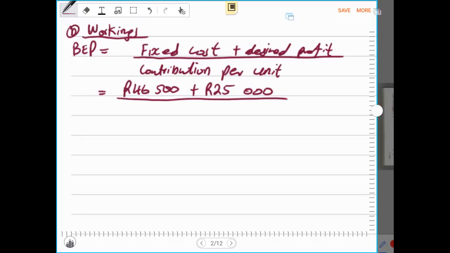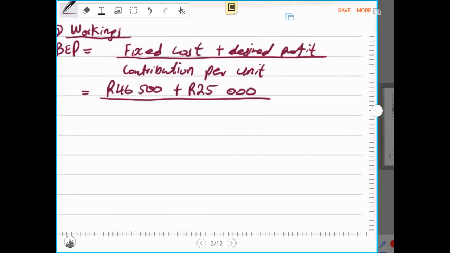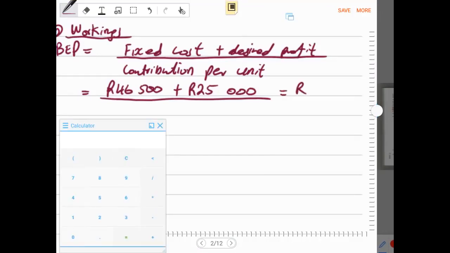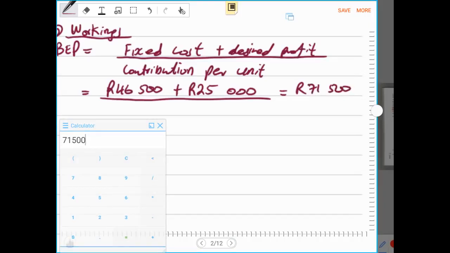So now we have to calculate once again our contribution per unit. Don't forget, our contribution per unit. Let me just calculate the total for both of these: 46,500 plus 25,000 rands, which I did not do previously. Then this will be 71,500 rands.